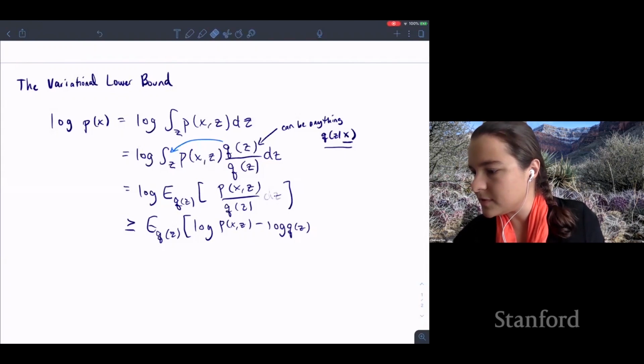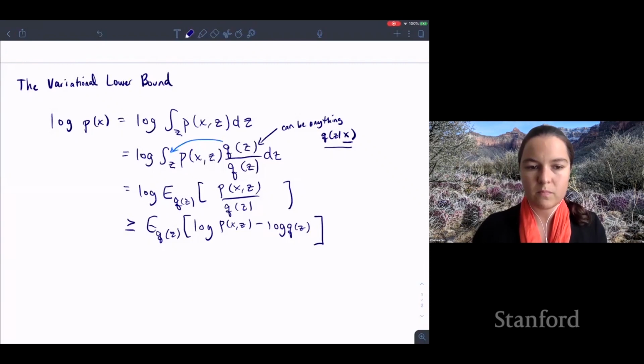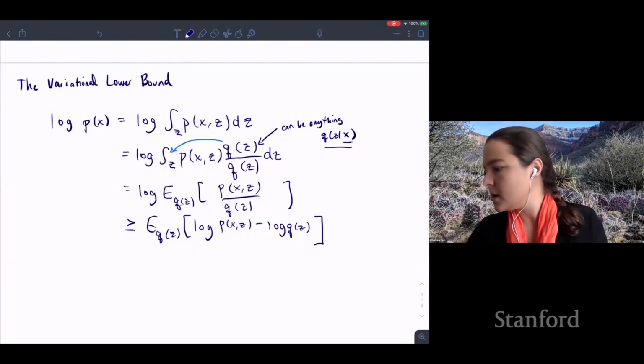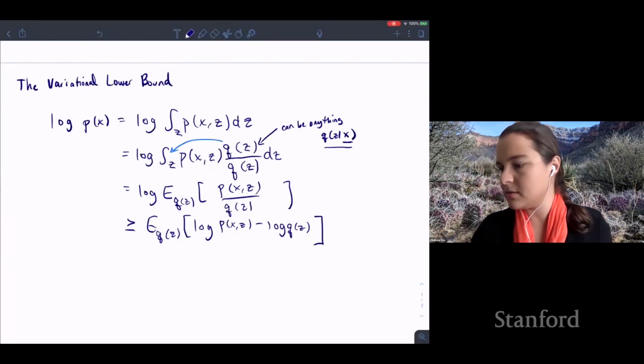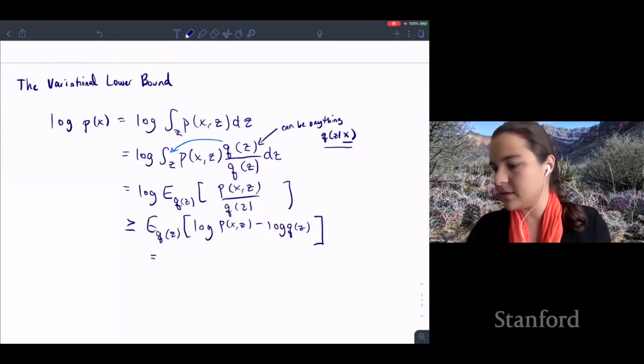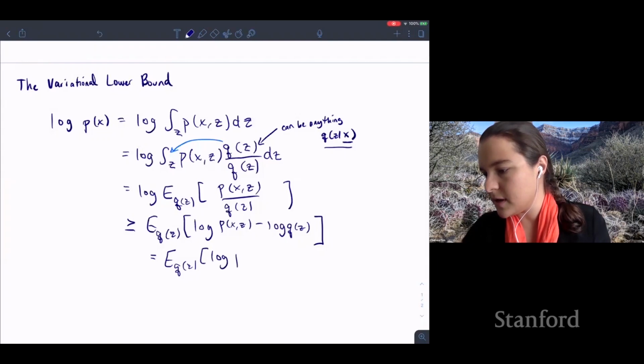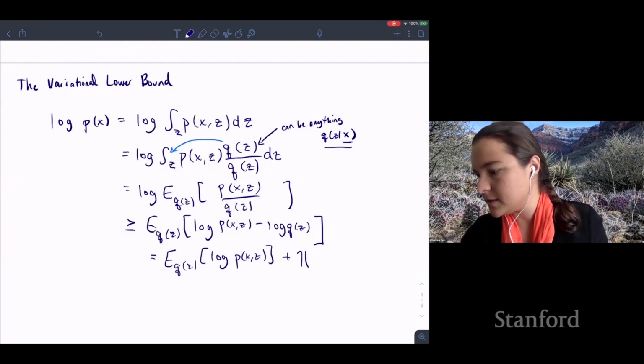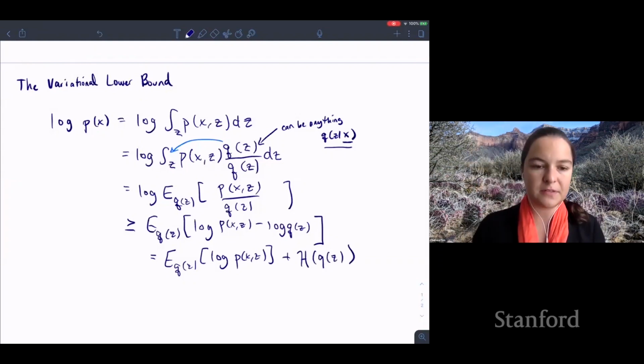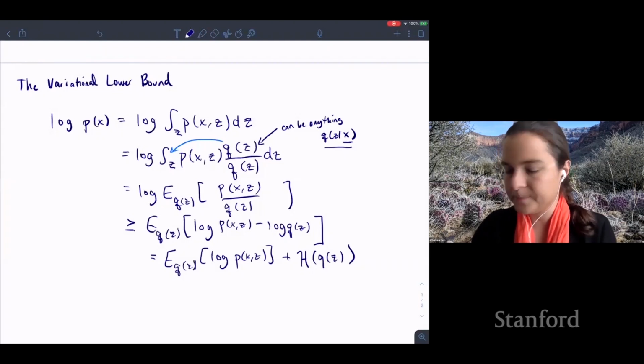Also, I realized I shouldn't have a dz here. Okay. And then when we write this out in terms of the first expression that was on the slide, we get the expectation under Q of Z of log P of X comma Z plus the entropy of Q. And this is basically what was written on the slide.